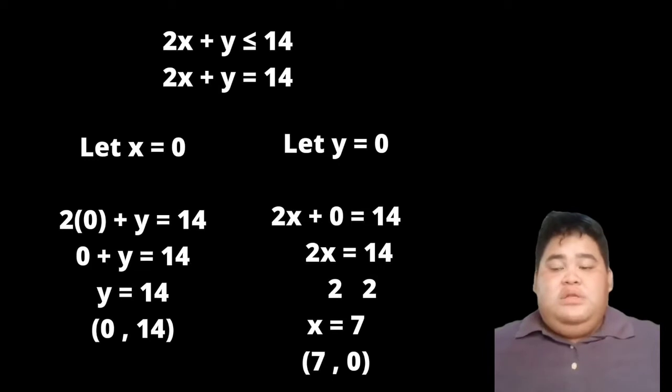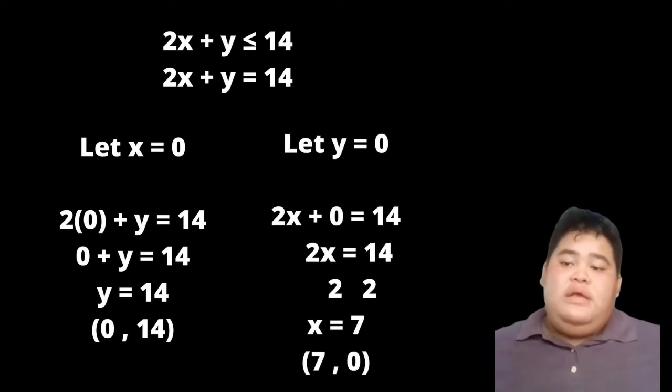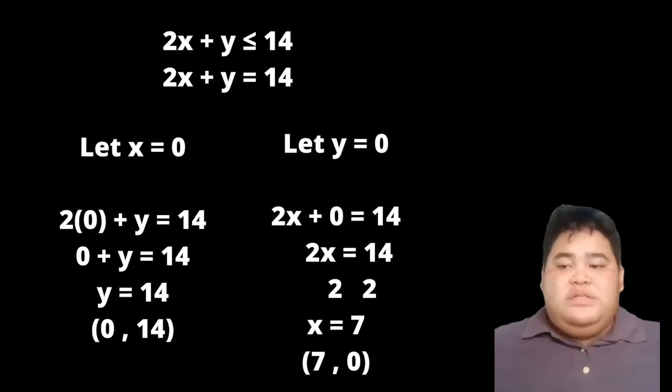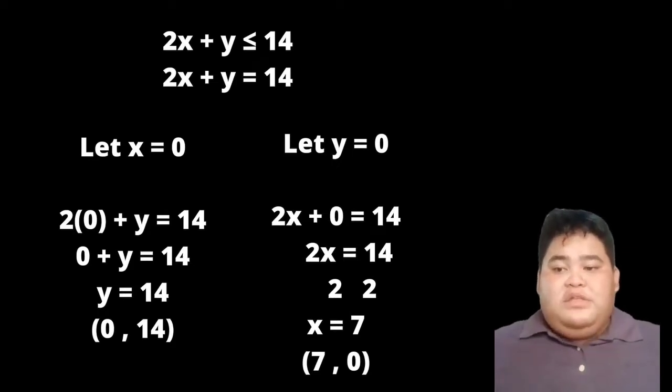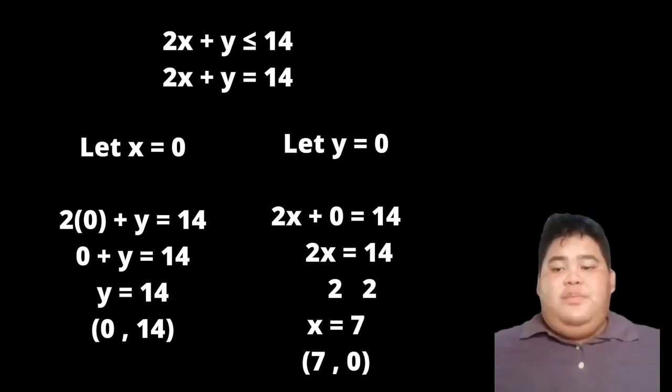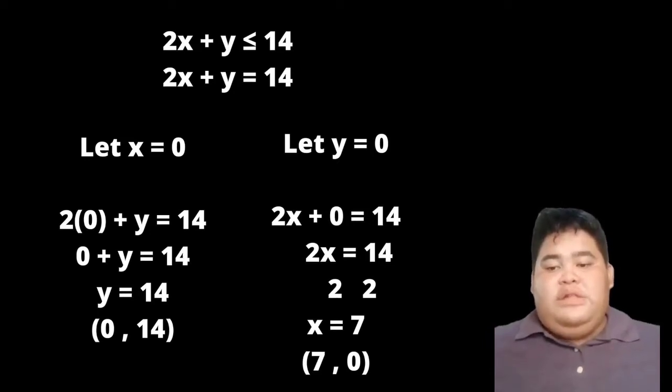So now, let's solve. 2 times 0 plus y equals 14. y equals 14. (0, 14) is the ordered pair. And that is the answer of the problem number 1.